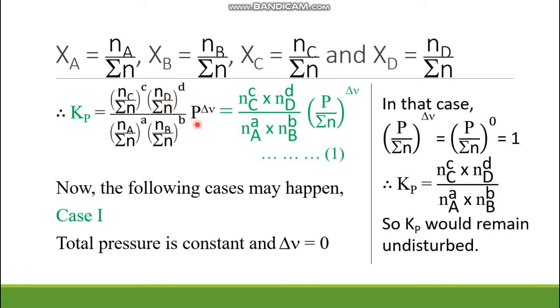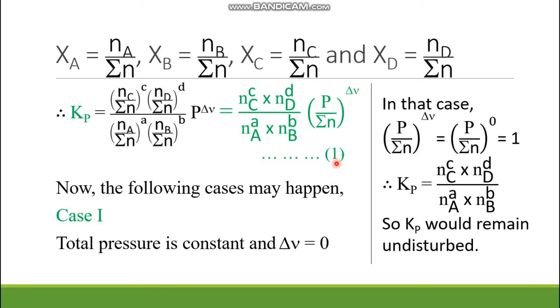Here in the power of P also there is delta nu, so we can merge them and write P by summation of N whole to the power delta nu. Here Nc to the power c, Nd to the power d are repeated as usual, and Na to the power a, Nb to the power b are also repeated in the same way. This is our equation number 1.